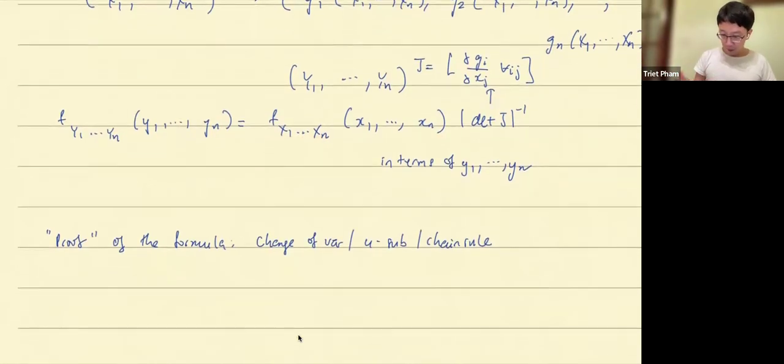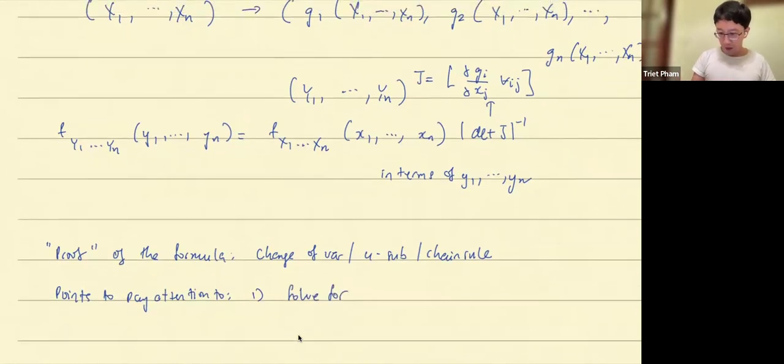So maybe let me just say some points to pay attention to. The first thing is, again, you have to solve for the old variables in terms of the new variables, whatever the names are.